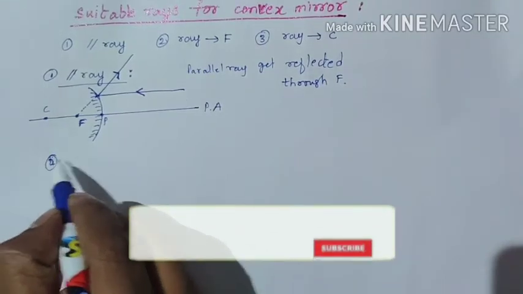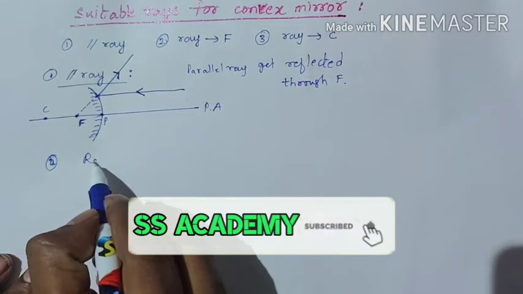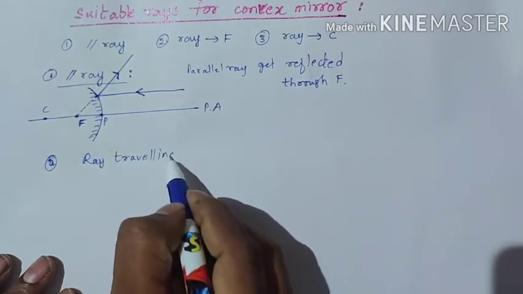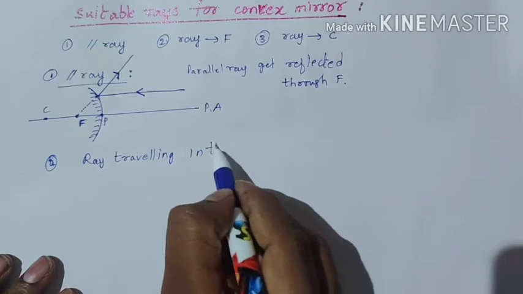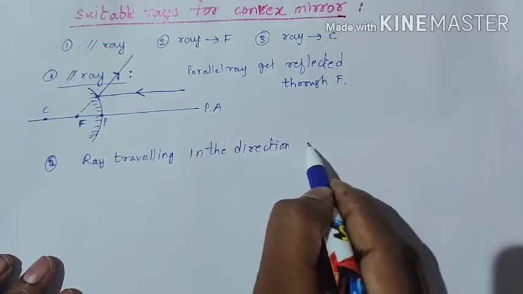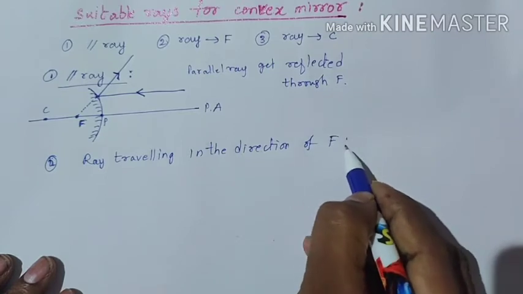The second suitable ray is the ray traveling in the direction of focal point.